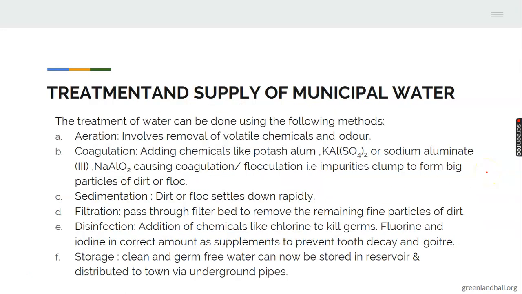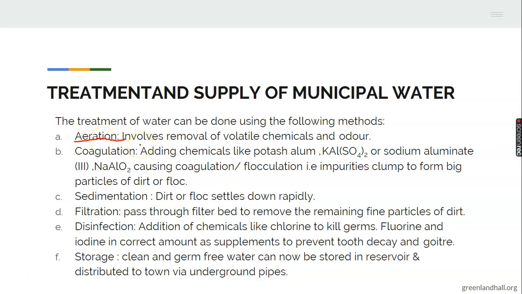Okay, so that moves me to the next slide, which is treatment and supply of municipal water. The first thing you have to do is get your water from any source. It could be from rain, it could be from a lake or sea. The first step in purifying or treating this water is aeration.